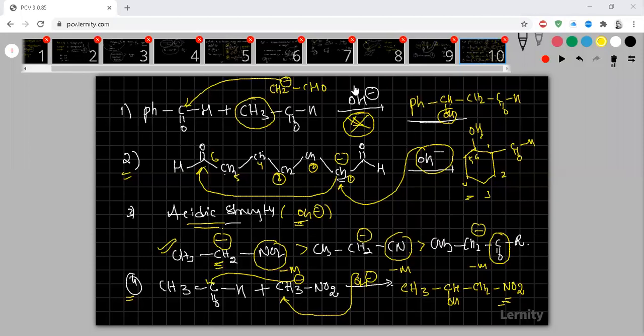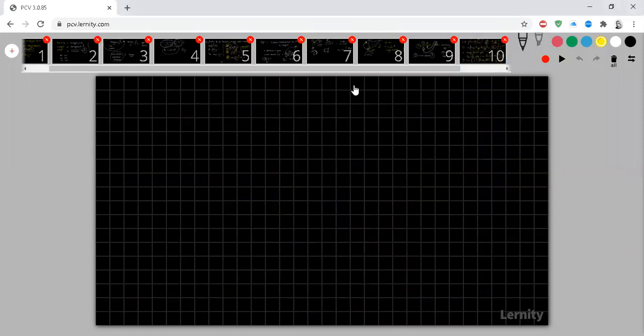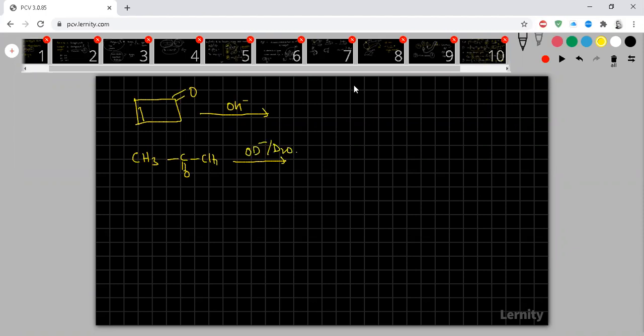Okay, right. Now, let's do some other questions. So, what is the product of this reaction? Please tell me. I think these are all things you have learned in your class itself. So, what is the answer to this? CH3CHO, and this one is OD minus, D2O.